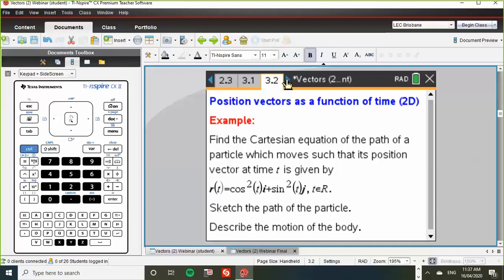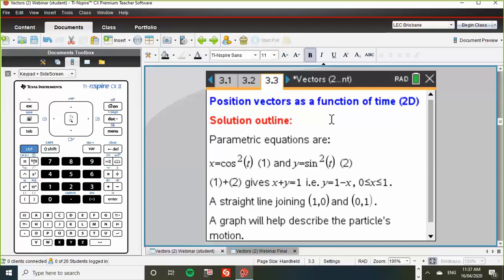Okay, so let's have a look at a solution outline, and then let's see how parametric graphing can help us understand the motion. In this instance, our parametric equations are x equals cos squared t and y equals sine squared t.